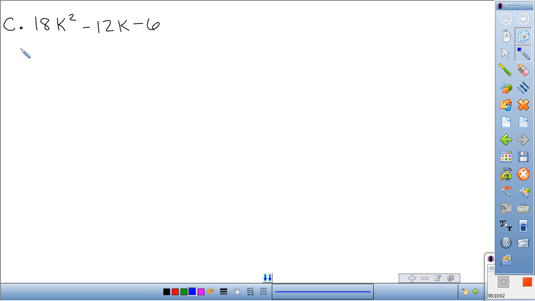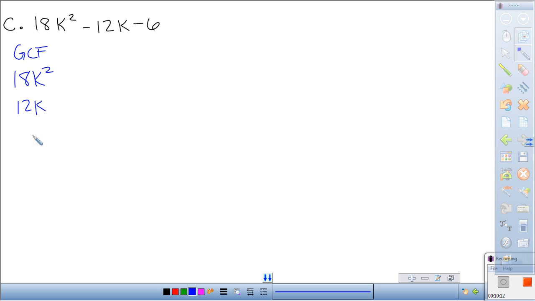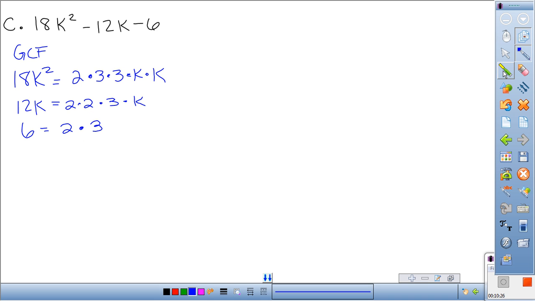So again, we want to pull out that GCF first. I have 18k squared, 12k, and 6. 18 would be 2 times 9, which is 2 times 3 times 3 times k times k. 12, 2 times 2 is 4 times 3 times k. And 6, 2 times 3. So it looks like they all have a 2 and they all have a 3, which means that our GCF is 6.